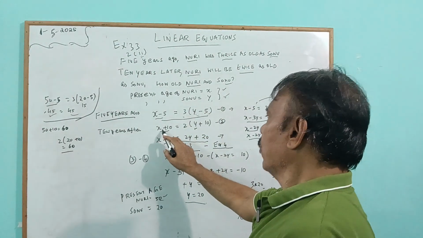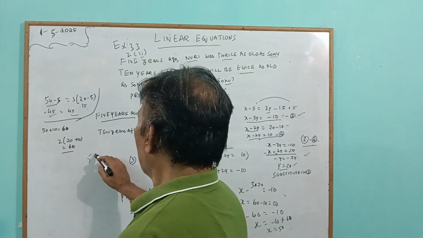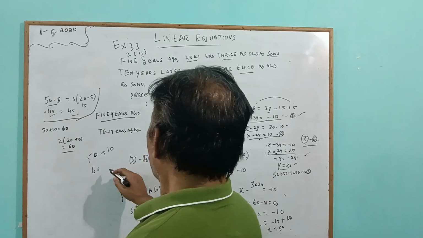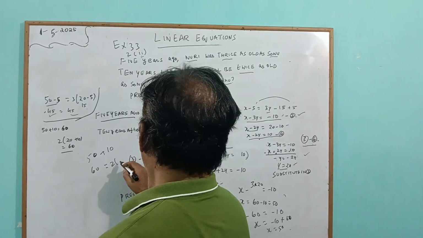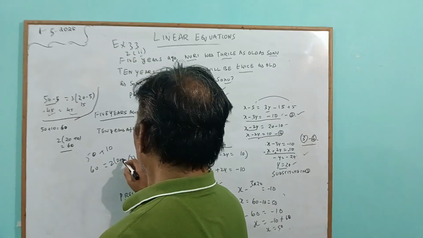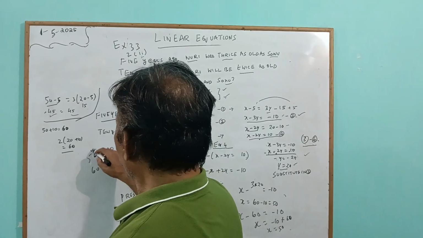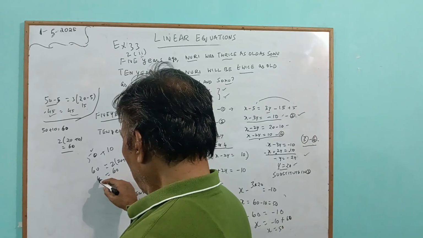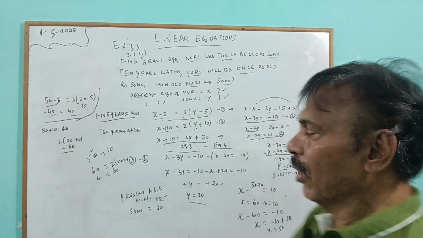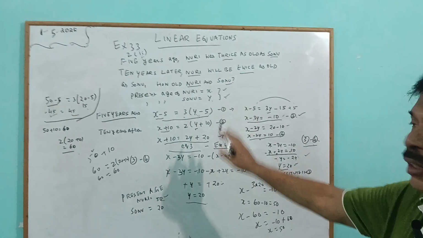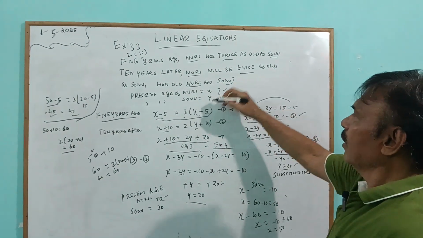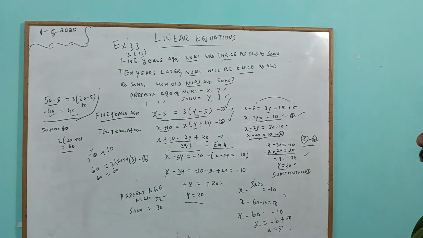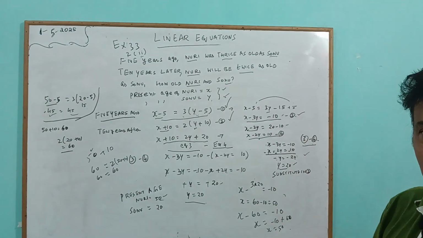That is 50 plus 10, 60, is equal to 2 into 20 plus 10. I am writing the percentage, so this is also 60. So you are cross checking whether you have done it right or wrong. In both the cases, this is becoming right. 1 is also right, 2 is also right. So this is how you have to solve this problem.